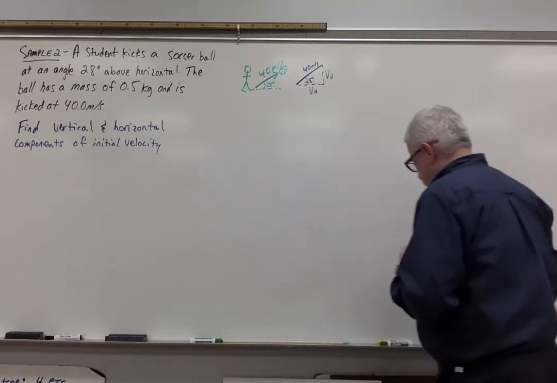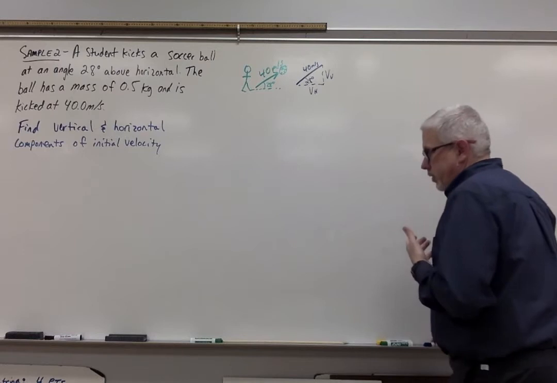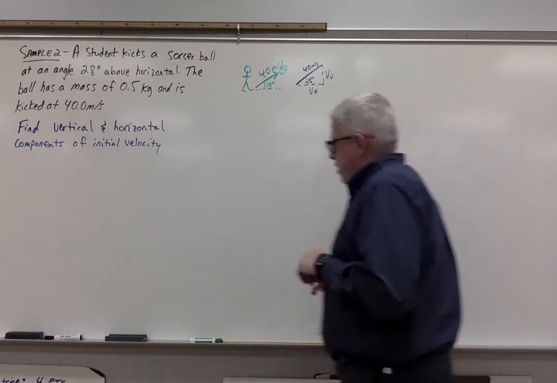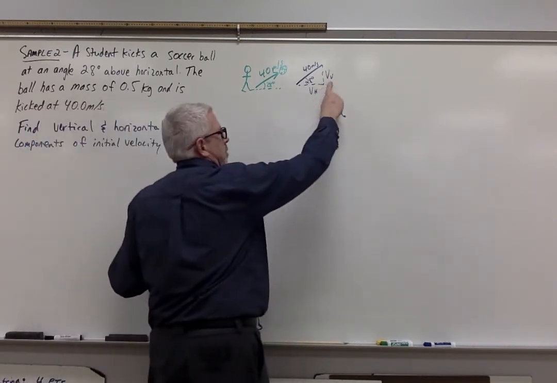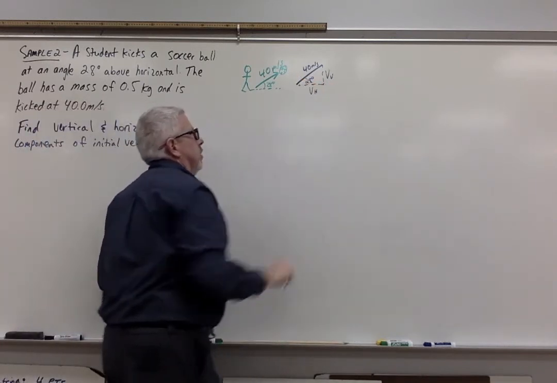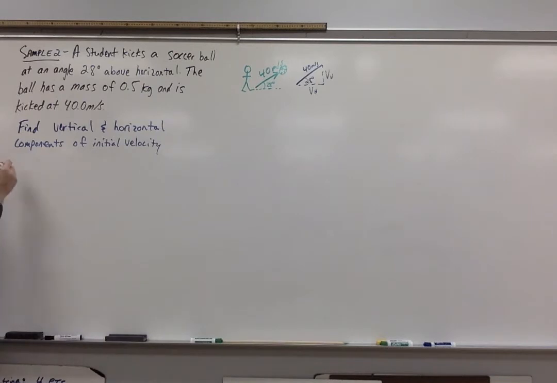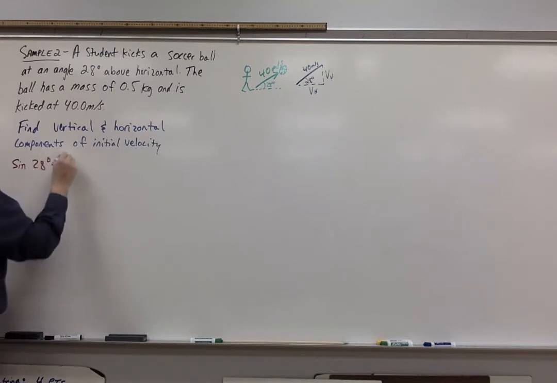So if we think back to some of the vector stuff we did earlier in the year, we know that to get this, that's the opposite over hypotenuse. That is a sine function. So the sine of 28 degrees equals VV over 40.